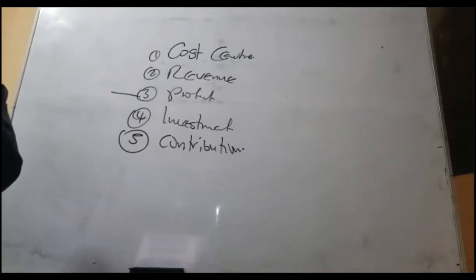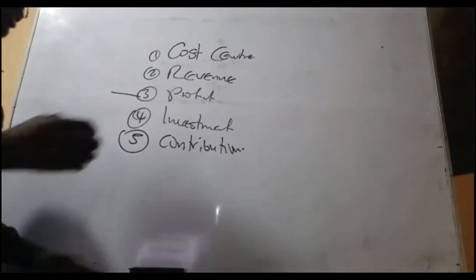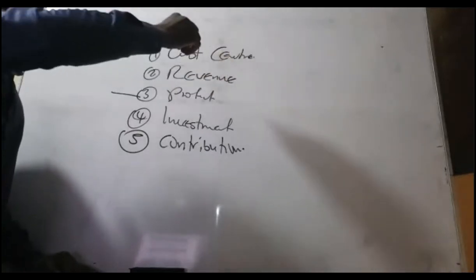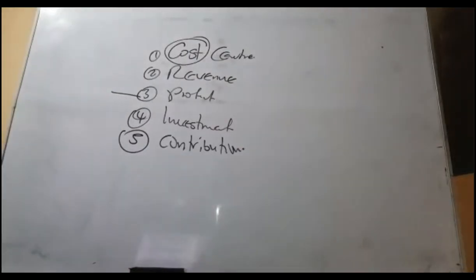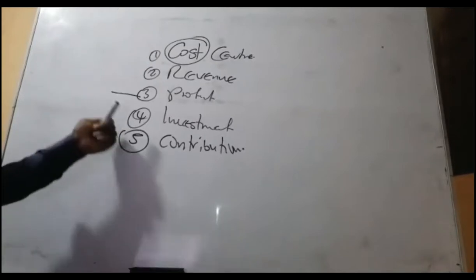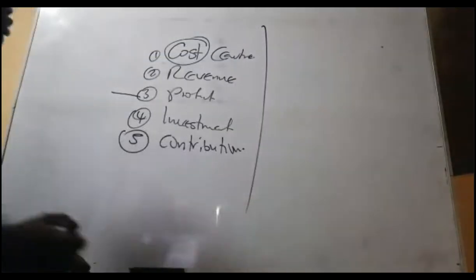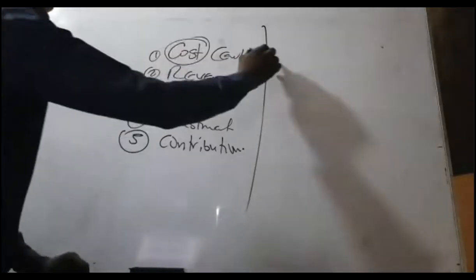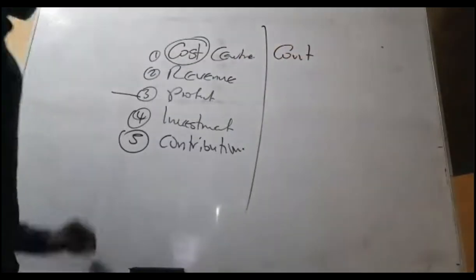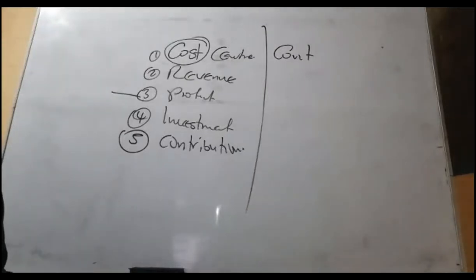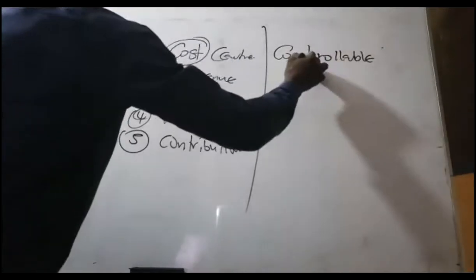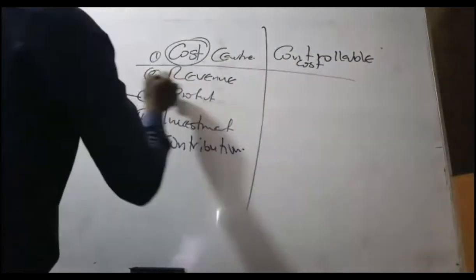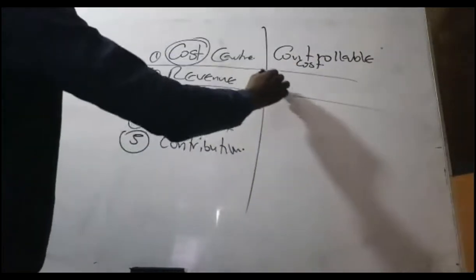Then we are done. Now, if you're a cost center manager, you have control over cost. Revenue center, only revenue. Even the cost, we talk about the controllable cost. So what you have control over here is the controllable cost. Not all costs are controllable. Revenue center, you are interested in only revenue.